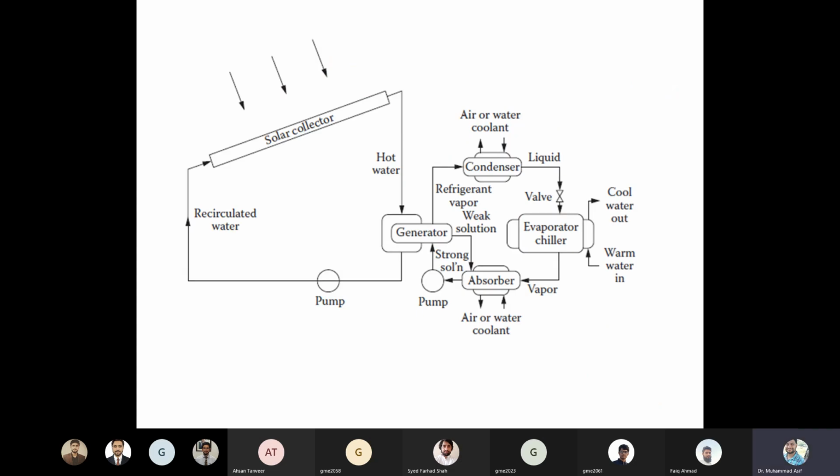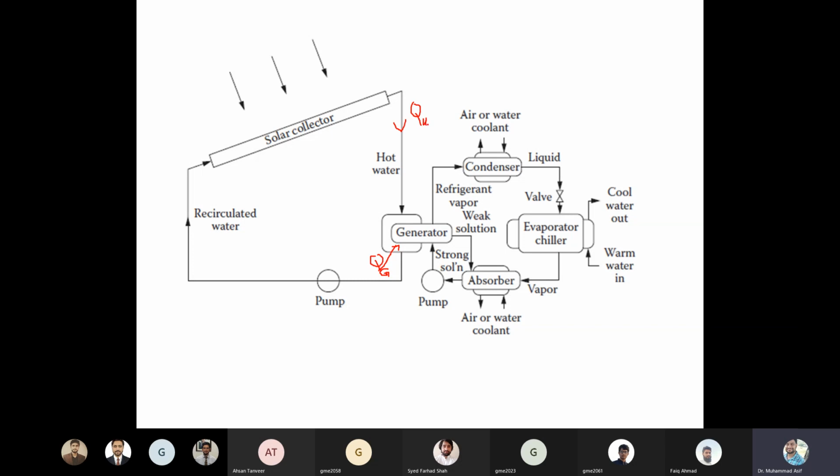As I said, what we need to do is calculate the value of QG, I mean how much QG we have to provide as an input, and this QG is obtained from the solar system, which is also called QU, useful energy.